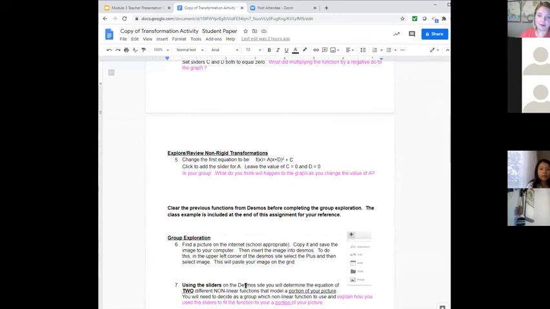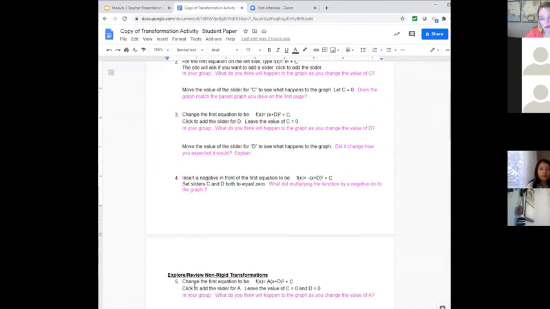Those first five are the transformations of the function. Hopefully it's a good reminder. It should feel like you've seen them before, but we needed to remind ourselves what h and k do to a function and what a negative sign in front does. So you're playing around with them in Desmos to come up with that. Feel free to touch base with your group members.